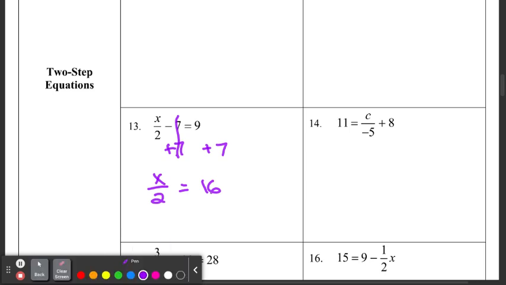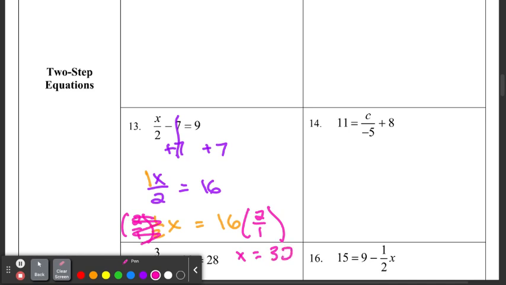So what I can do is this is actually 1/2 x. So just like we did before, we multiply by 2. If you multiply by the reciprocal here, it's 2 over 1. So those cancel. And you still end up with the same thing. You still end up with 32. So when we multiply by 2, it is the same thing as multiplying by the reciprocal. Just food for thought.